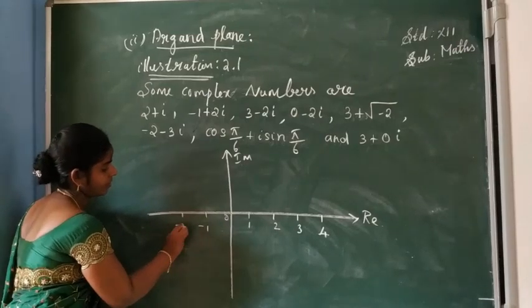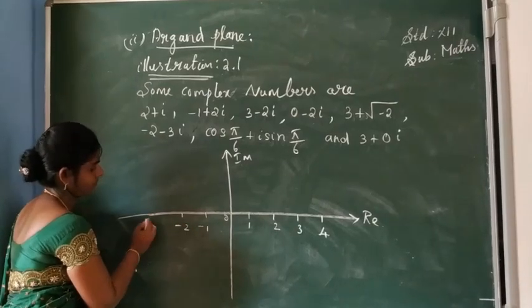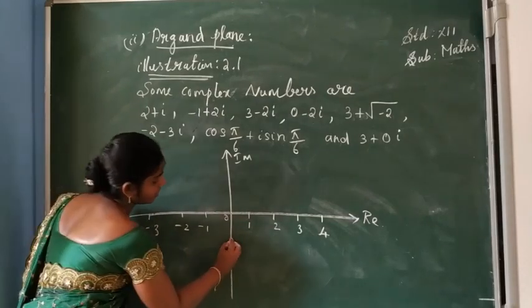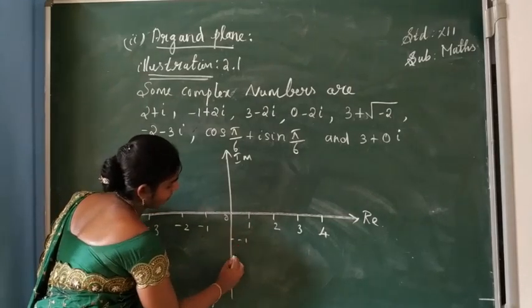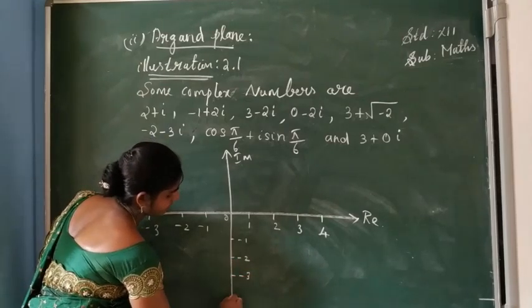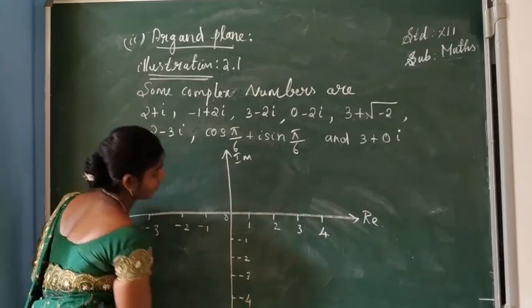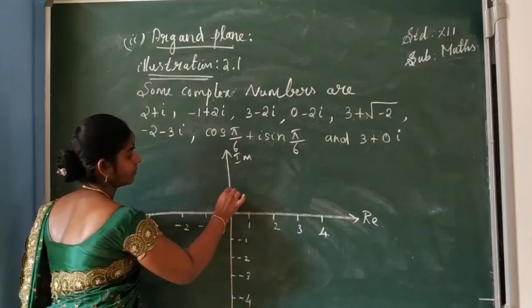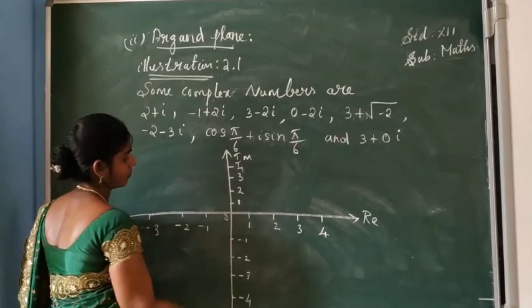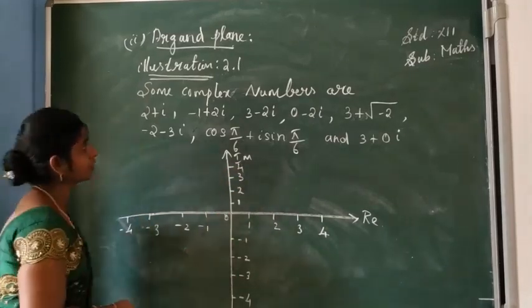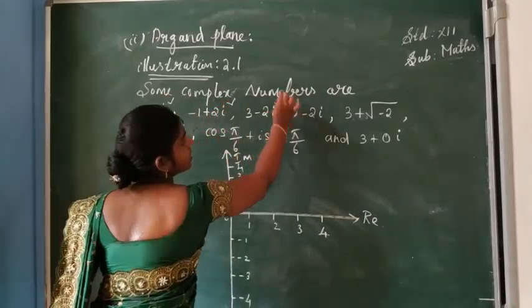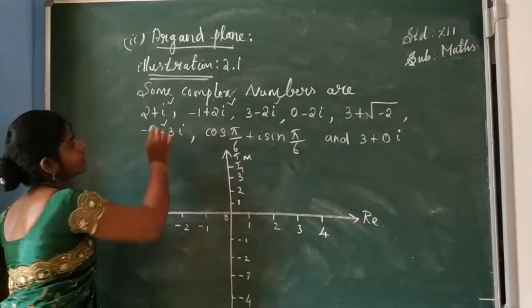Minus 1, minus 2, minus 3, minus 4. Here also minus 1, minus 2, minus 3, minus 4, and 1, 2, 3, 4. We can plot the points in the first, second, third, and fourth quadrants.